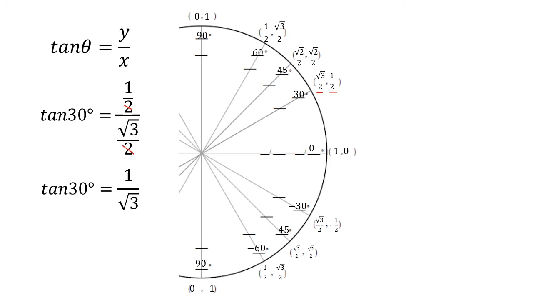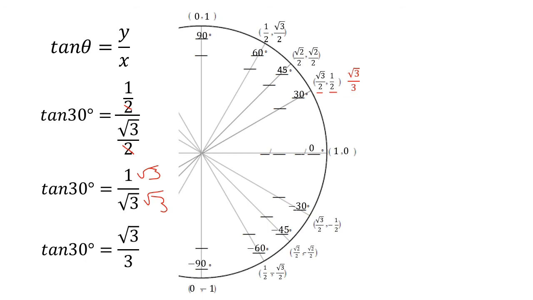Now let's remember, we don't want to keep that radical at the bottom, so we're going to multiply the top and the bottom by √3 to simplify this, and we end up with √3/3. So tan 30 is root 3 over 3. So I'm going to put that over there in red. So I'm going to go ahead and fill out the rest of these tans.